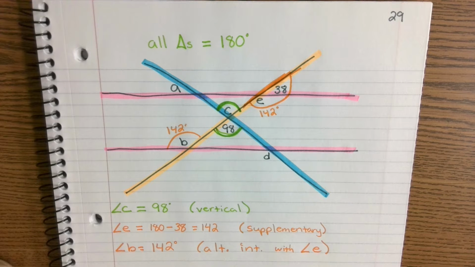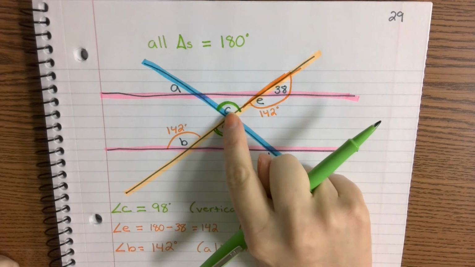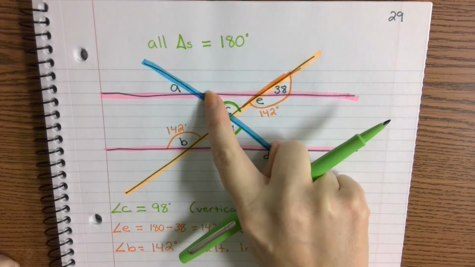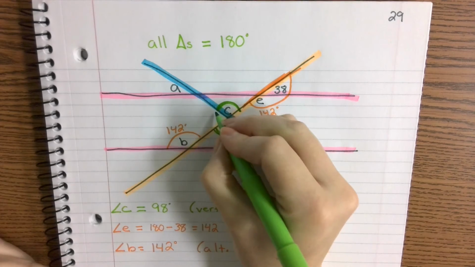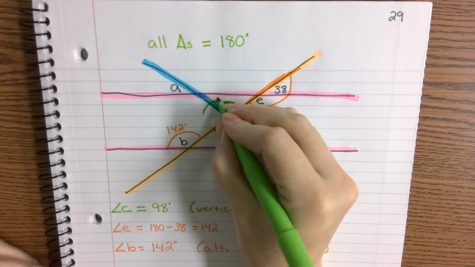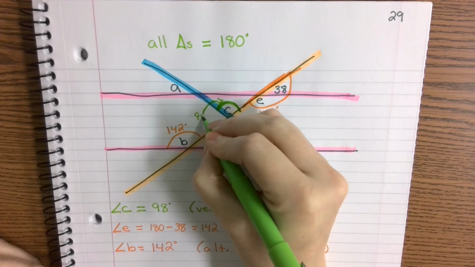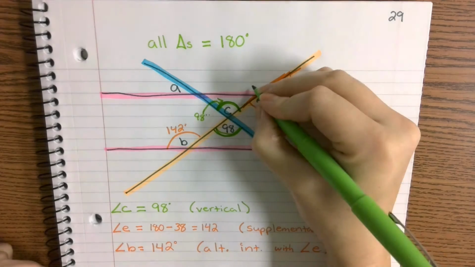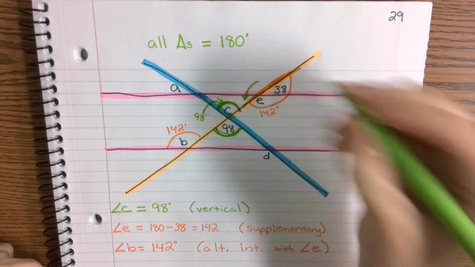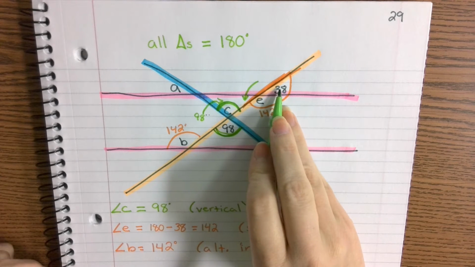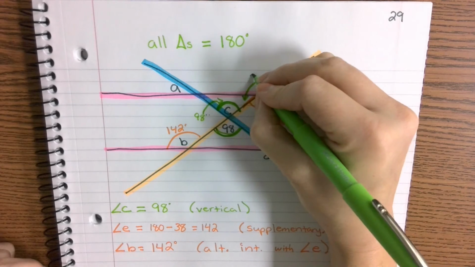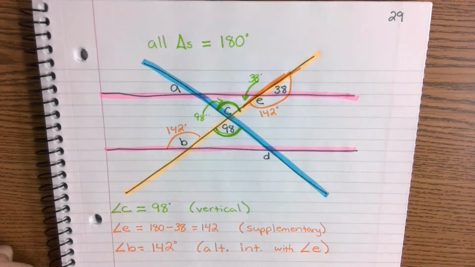And I technically know two angle measurements inside this triangle that's formed here. I know the measurement for angle C is 98 degrees. I also know the measurement of the angle that's opposite of 38, the direct vertical relationship of 38, which is going to be 38 degrees.